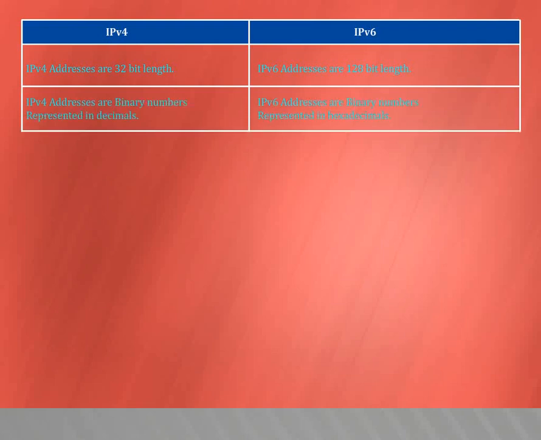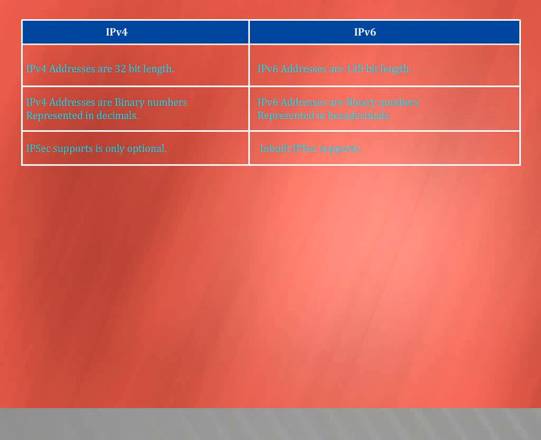IPv4 addresses are 32 bits in length. IPv6 addresses are 128 bits in length. IPv4 addresses are binary numbers represented in decimals. IPv6 addresses are binary numbers represented in hexadecimals.